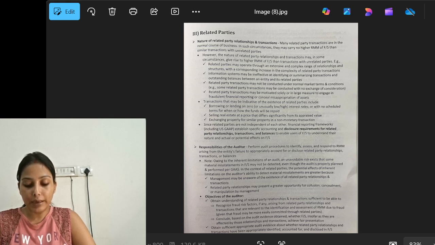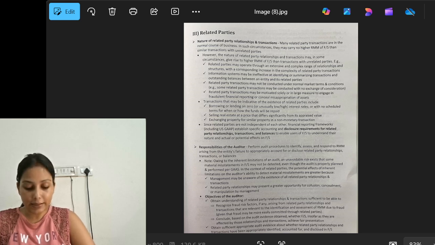The information system may be ineffective at identifying or summarizing the transactions and outstanding balances between an entity and its related parties. Related party transactions may not be conducted under normal market terms and conditions. Related party transactions may be motivated solely or in large measure to engage in fraudulent financial reporting or conceal the misappropriation of assets.